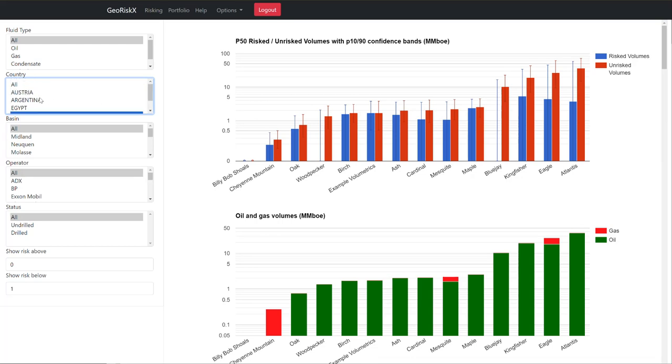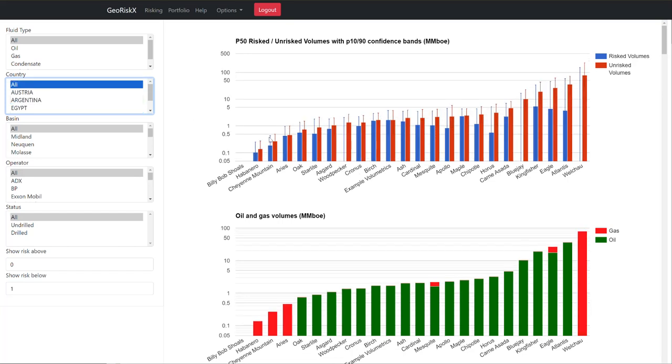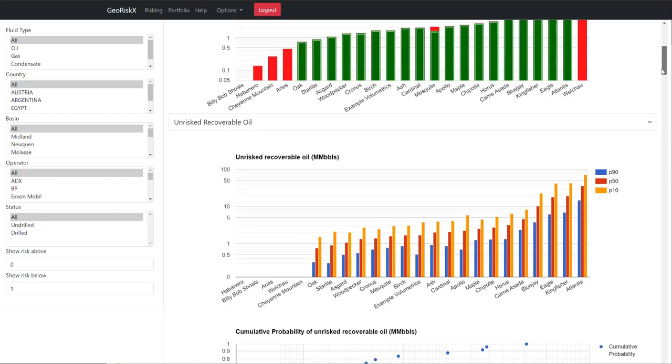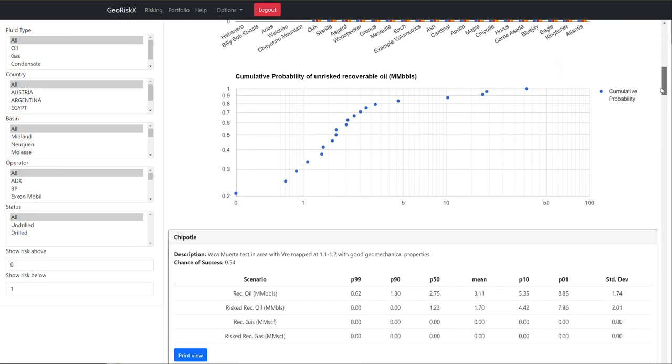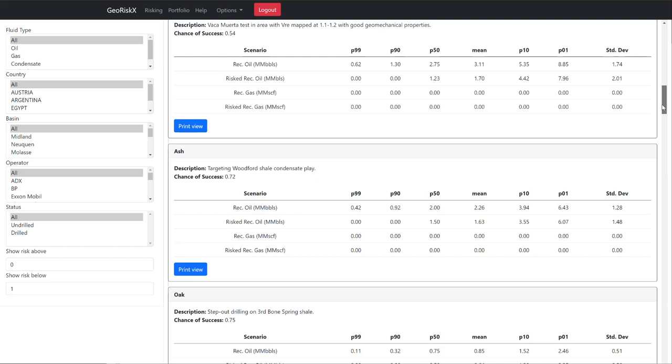So you can mix and match these, choose which fluid you want to look at, and you can see everything updates in real time. We can sort by operator, by drill status, by risk, and we can get an understanding, for example, of what our unrisked recoverable oil is from a number of these prospects. What does our cumulative probability look like?